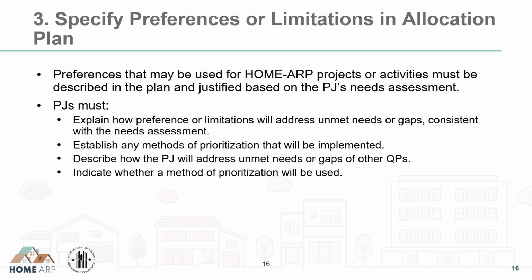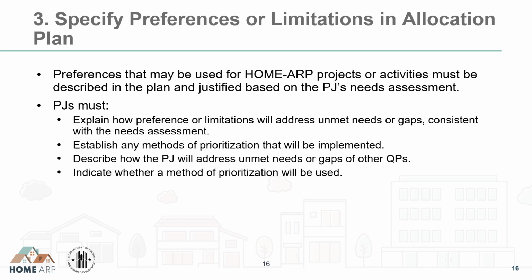Step 3 is to specify preferences or limitations that may be used for HOME-ARP projects or activities. These must be described in the plan and justified based on the PJ's needs assessment. Explain how preferences or limitations will address unmet needs or gaps consistent with the needs assessment. Establish any methods of prioritization that will be implemented. Describe how the PJ will address unmet needs or gaps of the other QPs, and indicate whether a method of prioritization will be used.